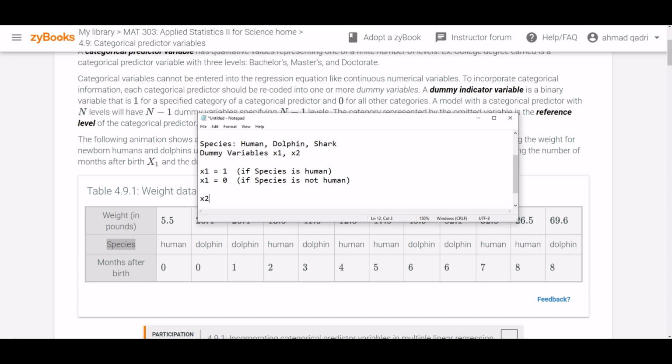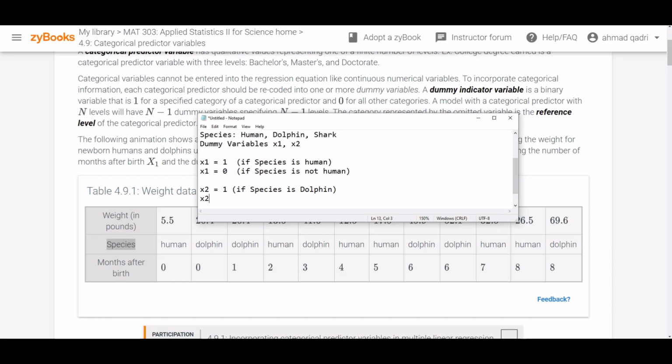So I can code the second variable as x2 equals 1 if dolphin, or it's 0 if not dolphin.